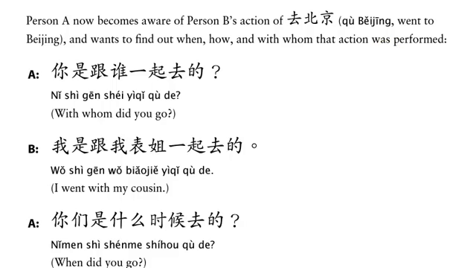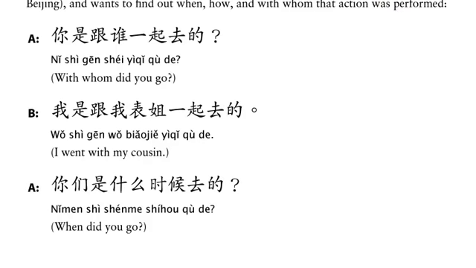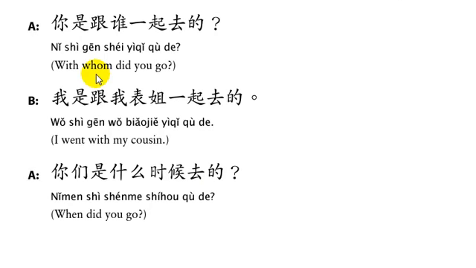Then person A continues in this conversation and says, and here we have the 是 and 的, 你是跟谁一起去的? You have the 是...的 construction, and the question goes in between the 是 and the 的. With whom did you go? 你是跟谁一起去的?